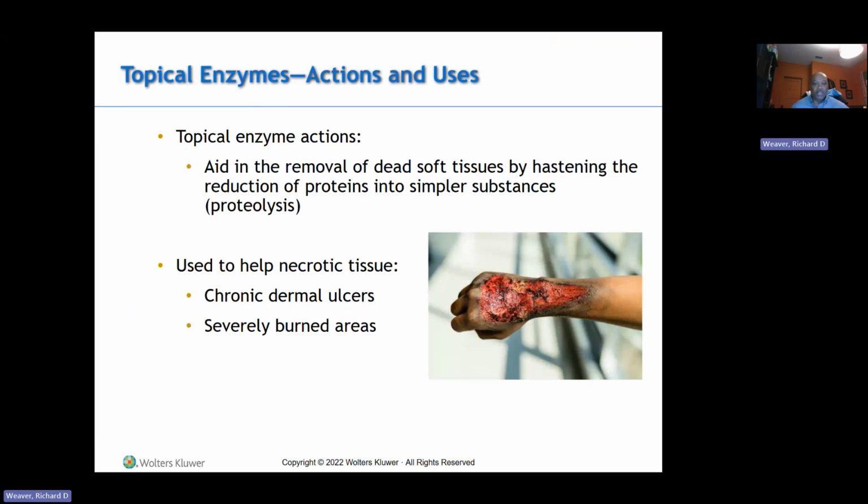Now, examples of conditions that may respond to application of this medication include second and third degree burns, because the tissue in burn wounds dies, becomes necrotic, and purulent drainage seeps and is present in the wound. We also use it to treat pressure ulcers. Sometimes they become necrotic. And ulcers caused by peripheral vascular disease.